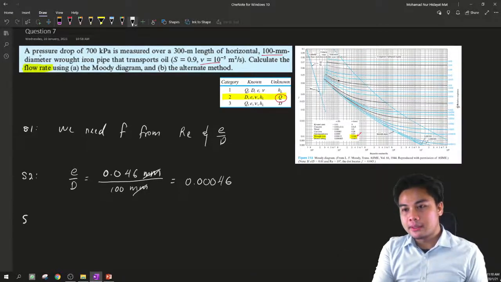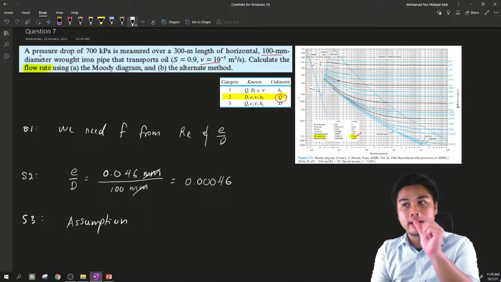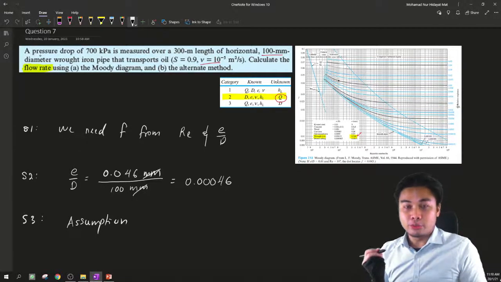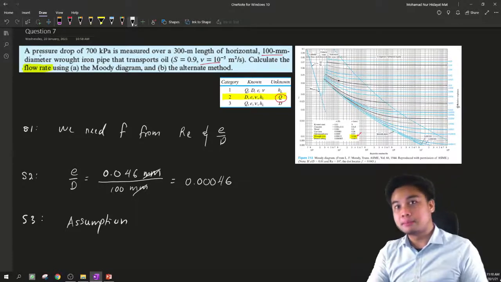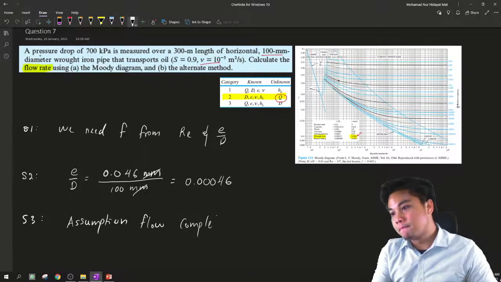So step number 3, assumption. If we get the velocity, we can directly get the volume flow rate. However, this part is quite tricky. You need to make an assumption first: the flow is completely turbulent.